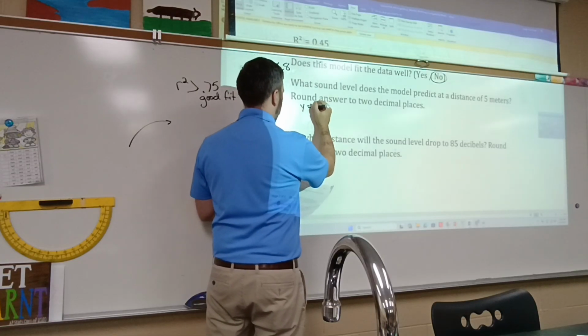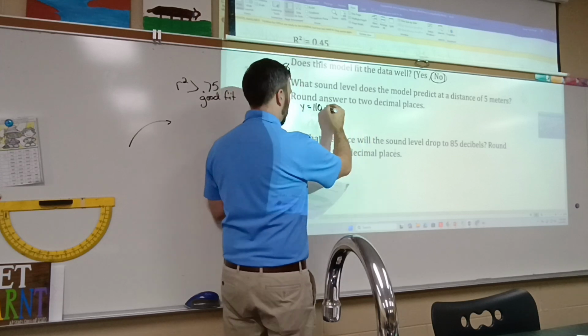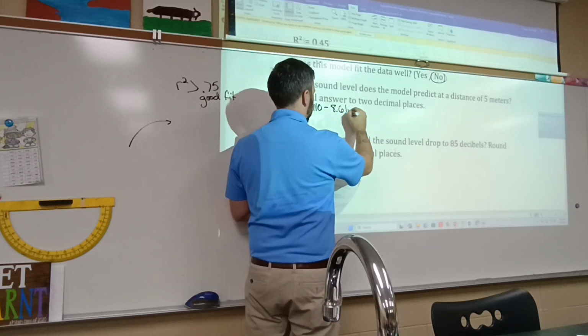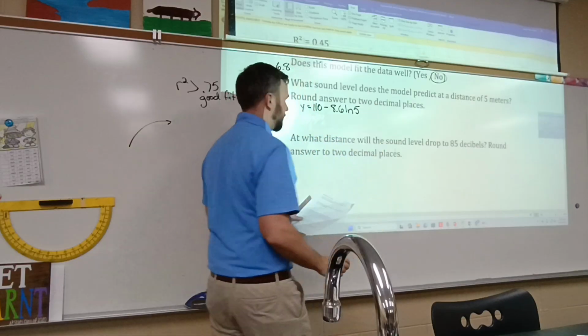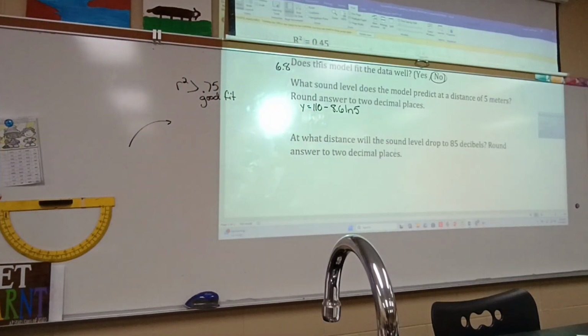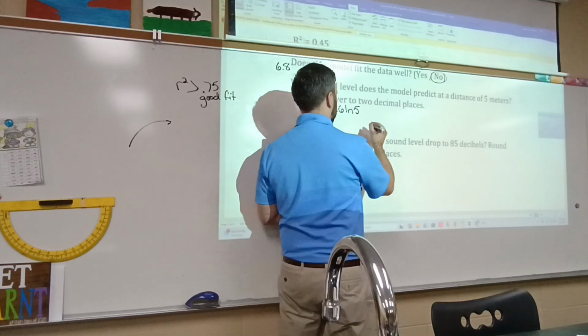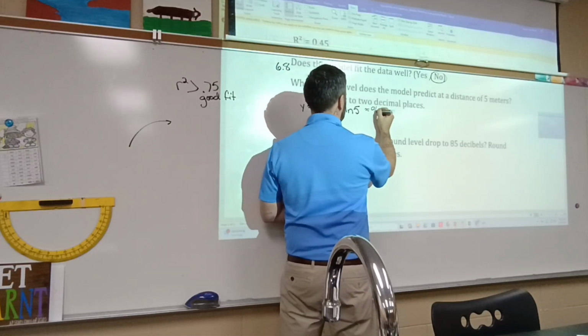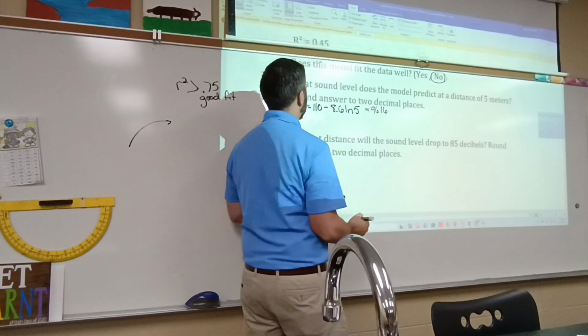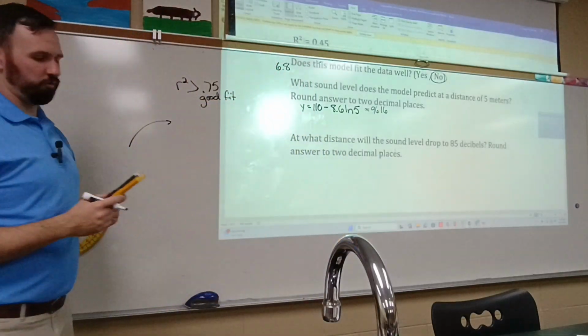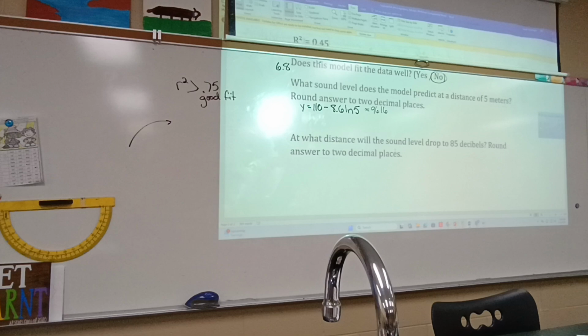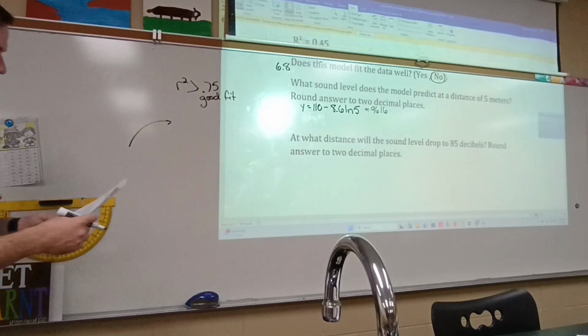So I'm going to plug it in for my X. There we go. I'm going to just plug it in and see what I get. I got 96.16. Which is actually still quite loud. It's actually really loud.